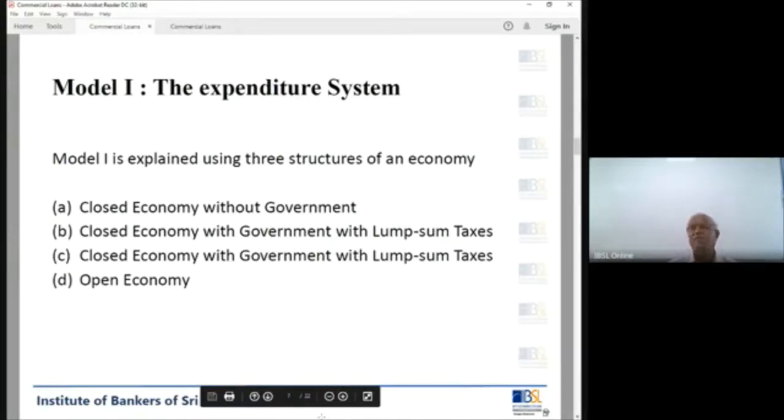Irrespective of the income, if income earners pay the same amount of tax, whether you are getting 1 million rupees or 1,000 rupees, whether your taxable income is 1,000 rupees or 1 million, if you pay 5,000 rupees irrespective of the level of your taxable income, then it is called a lump sum tax.